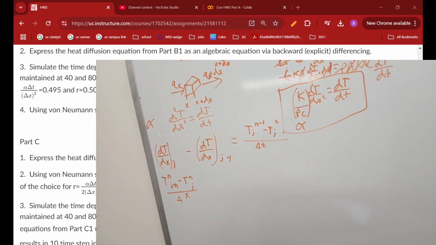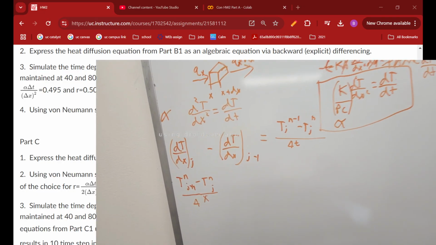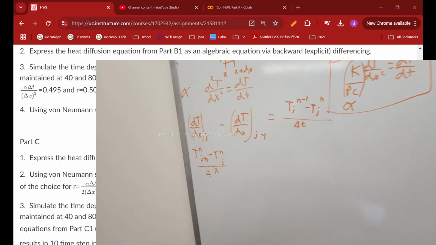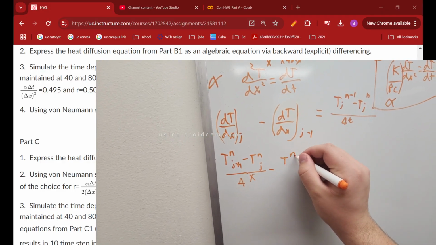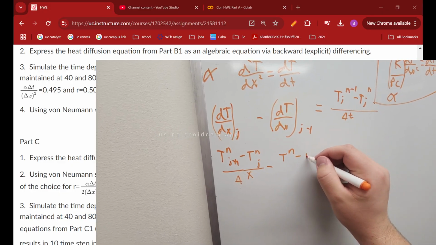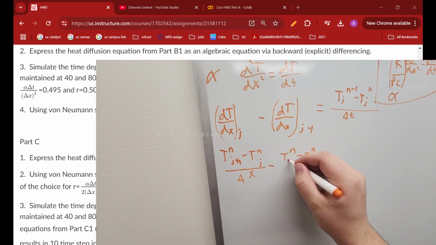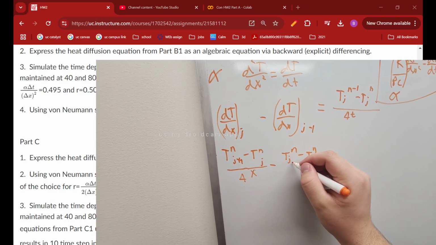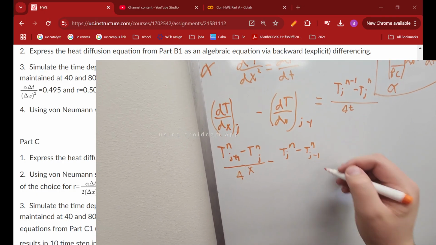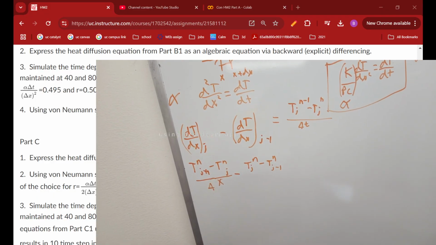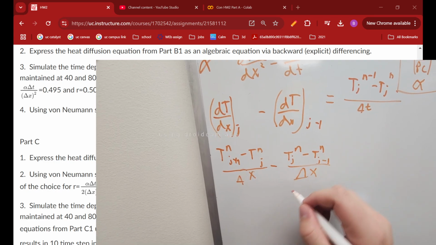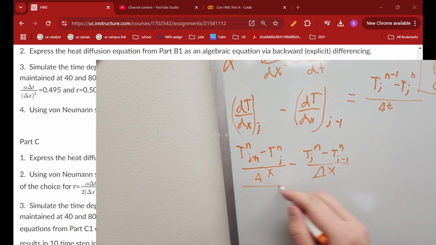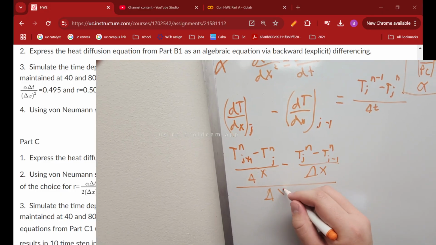And then for the other side, we would keep the n's, and j minus 1 and delta x, and then everything will be over delta x.